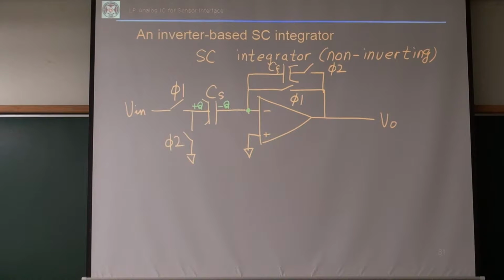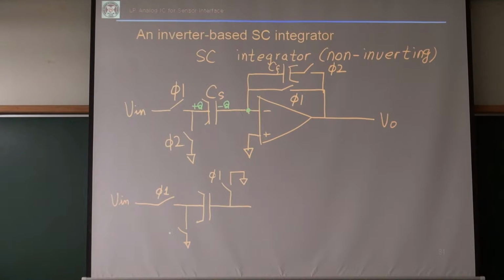I have an input here, and a phi 1 sampling switch there. This is phi 1, and then I have a phi 2 here.